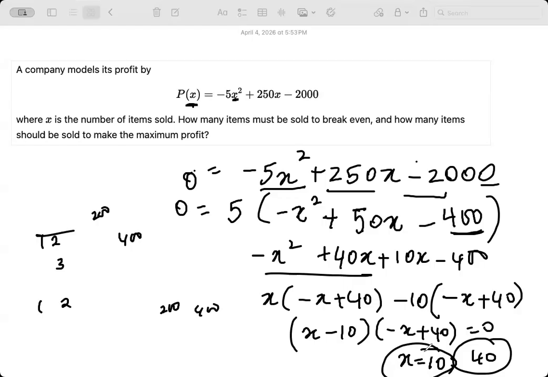Lasya, did you see that? Lasya, are you getting 10 and 40? Got negative 10? You got negative 10? No, I'm getting 10, right, Lasya?